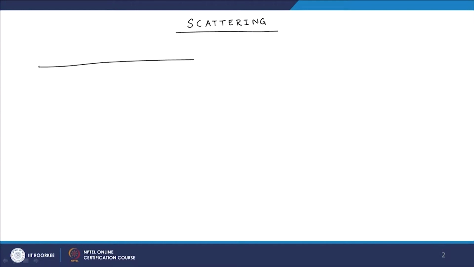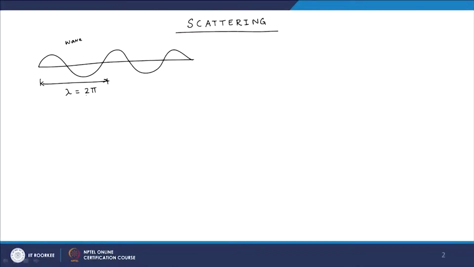Just to remind you about waves, waves possess a wavelength that characterizes a length scale of the fluctuations of the wave, and that is related to something known as a wave number, called K.